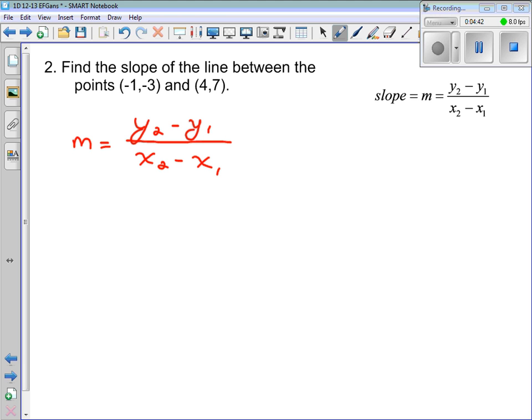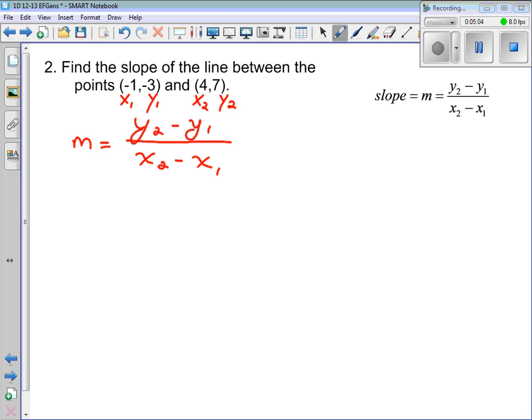So I'm going to take my first point here, negative 1, negative 3, and I'm going to say that this first coordinate is x1, and the second coordinate is y1. And then the second point that they give us over here, I'll say that my 4 is my x2, and my 7 is my y2.